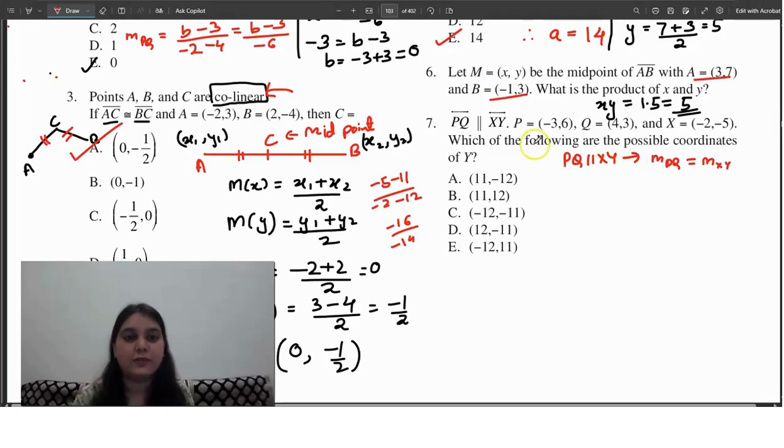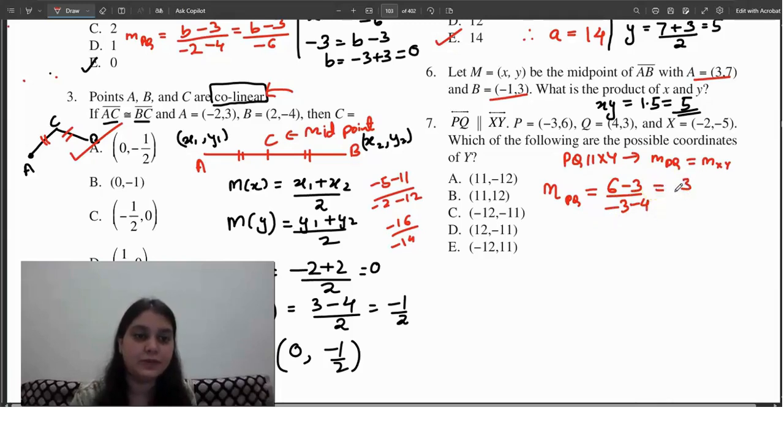To find their slope, first we'll find PQ. That is y2 minus y1, so 6 minus 3, upon x2 minus x1, minus 3 minus 4. So the slope here is 3 upon negative 7, or minus 3 by 7.